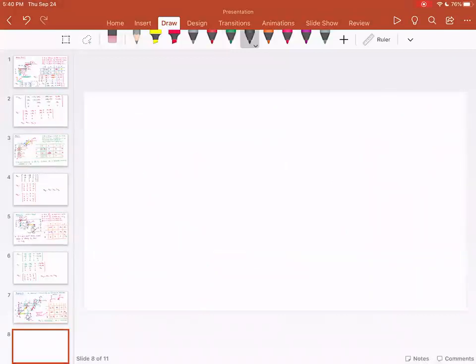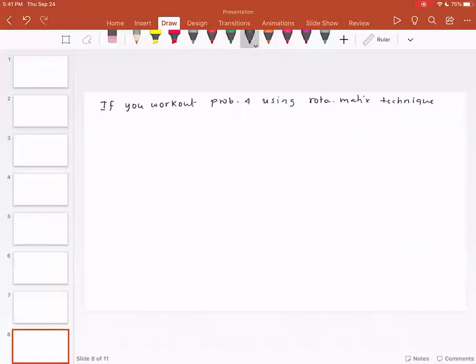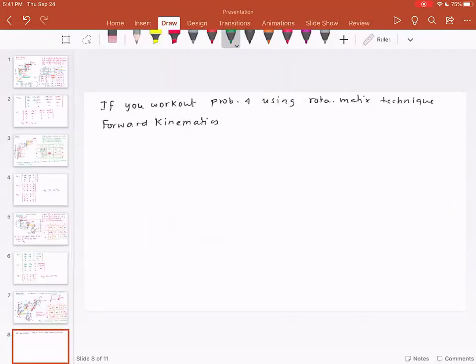So if you work out problem 4 using the rotation matrix technique, forward kinematics will contain A1 and A4, but with DH parameters A1 and A4 are missing.